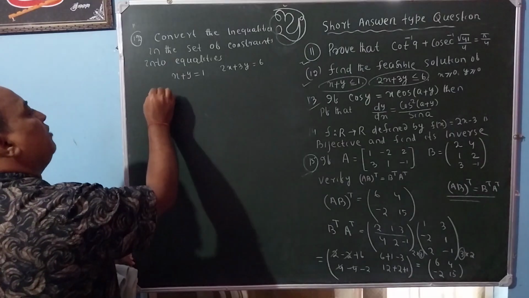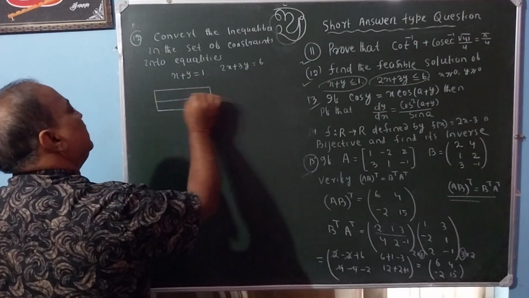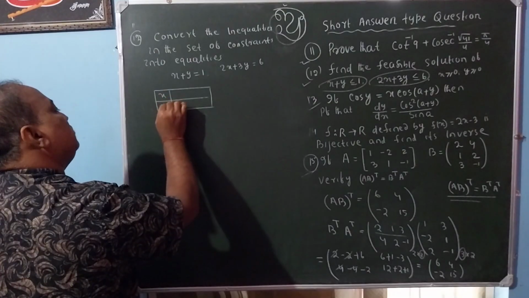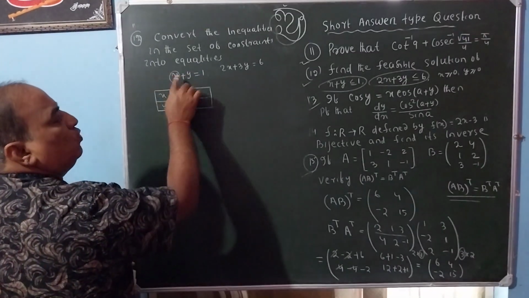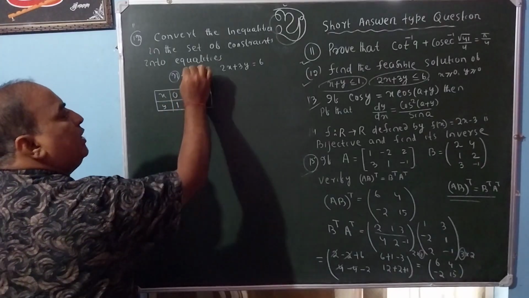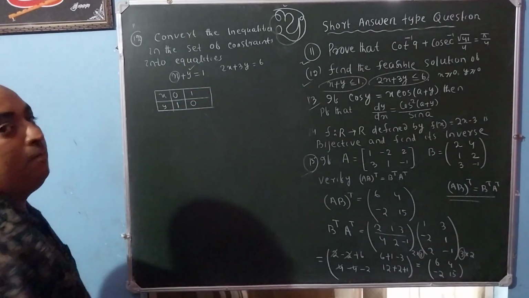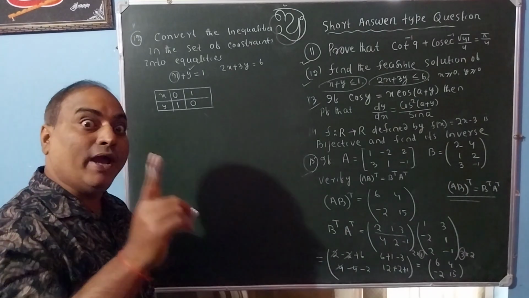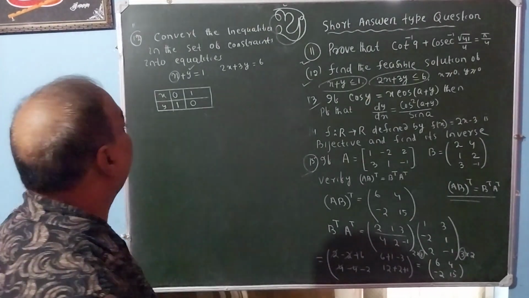So now you have to draw one box, with x and y. For the first line, when x is equal to 0, y is 1. When y is equal to 0, then x is equal to 1. For points on the x-axis, put y equal to 0. For points on the y-axis, put x equal to 0.